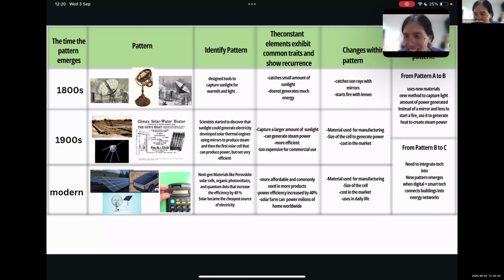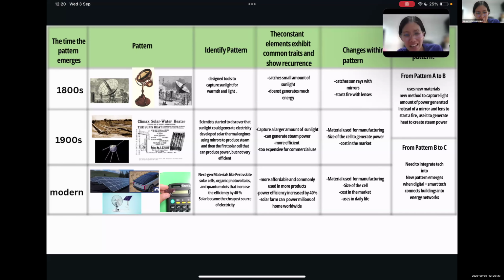Okay. Thank you, Mario. I like that you started with the very beginning of how we use light for energy, and then later on you mentioned the applications that we use nowadays in our daily life.